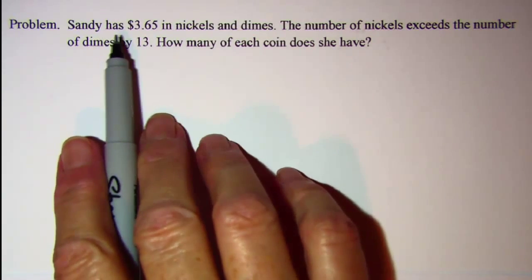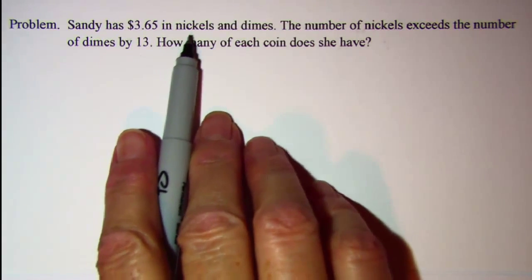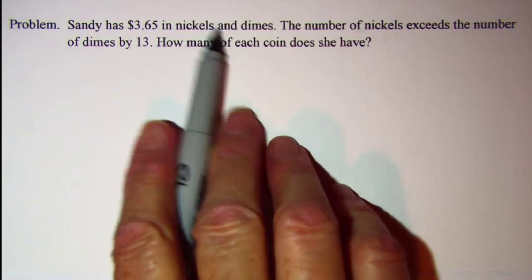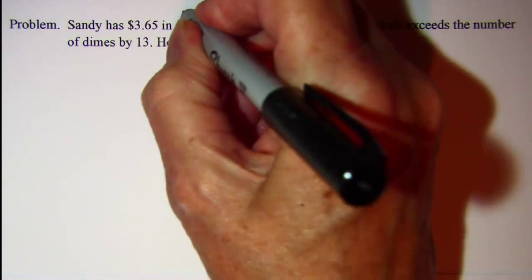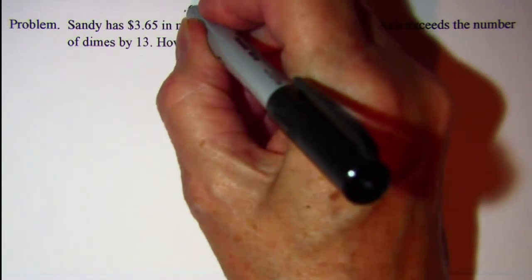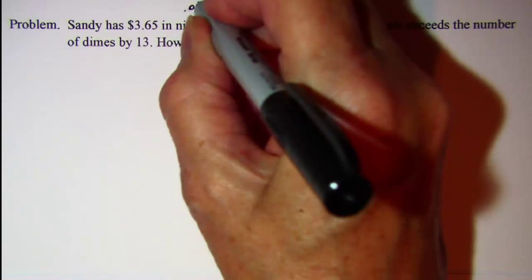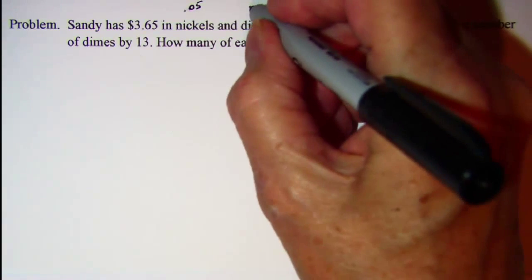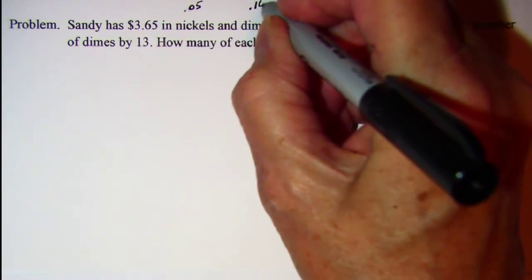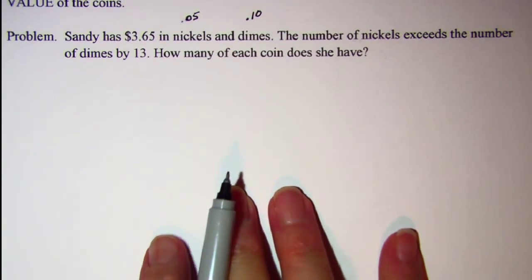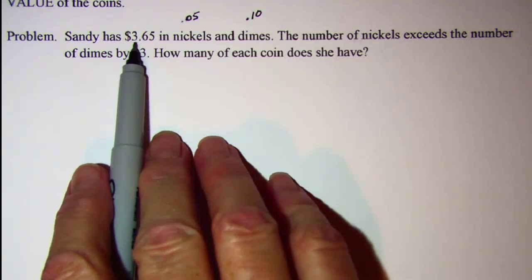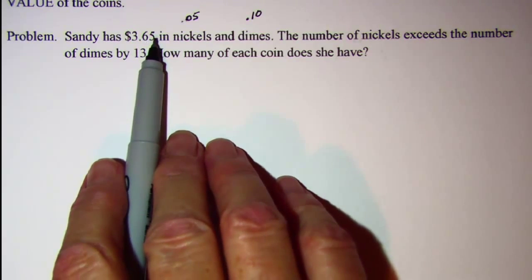So our first sentence deals with the value of the coins. We know that nickels are 5 cents each, and dimes are 10 cents each. And she has a total of $3.65.